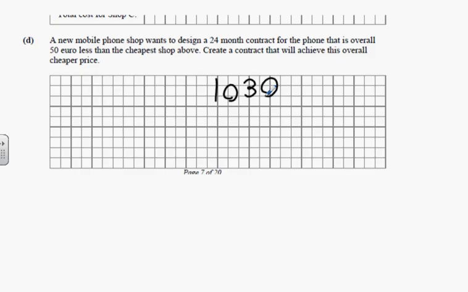What way should we present this? You can present it a number of ways. Somebody can come up to me and go, just give me 1,030, I'll give you the phone and the 24 months prepaid. Somebody else can say, why don't you give me €30 a month for 24 months.